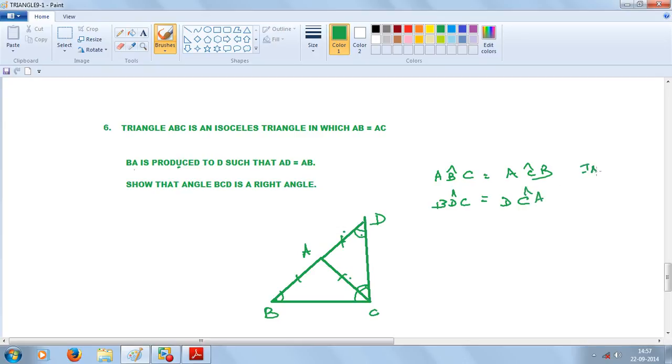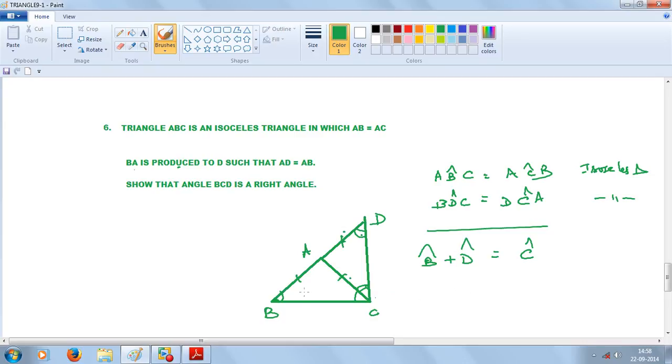If you add both, what's happening? Angle ABC is the same as DBC, or simply angle B. It's angle B plus BDC, which is simply angle D. If you add these two here, you get angle C, the total angle.